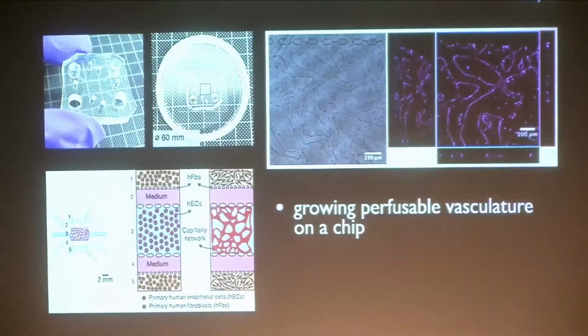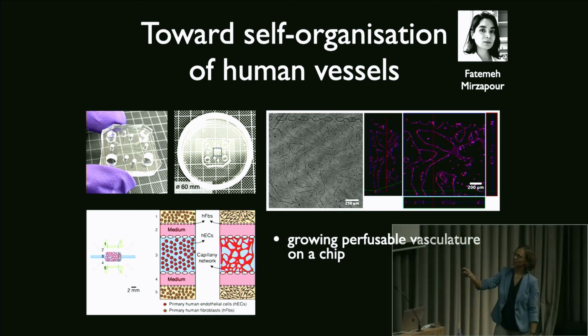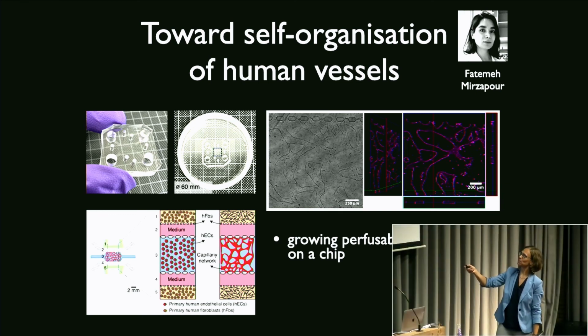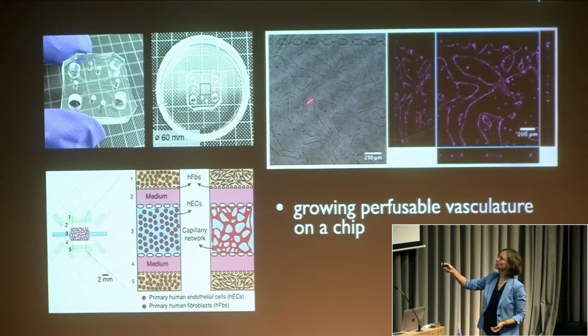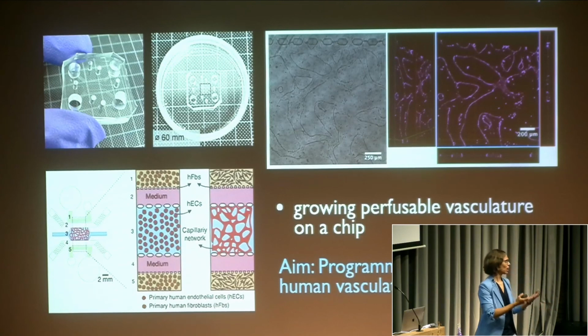And so there's also a different strategy in the lab, spearheaded by Fatimi, who I can spot in the audience, there she is, where we're now growing a vasculature on a chip, and we hope to really, with the same approach that I showed you with Physarum, assess how these vessels that are forming here, and we can perfuse by these inlets, look at the flow and how the morphology is evolving over time, really aspiring to learn how we can program a vasculature, our human vasculature.